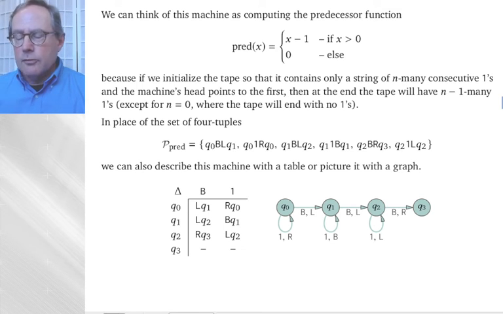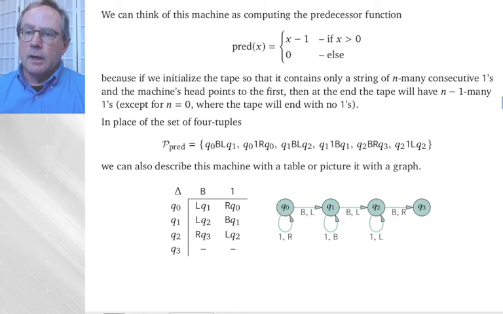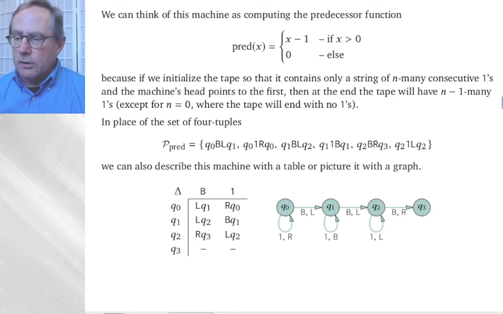So when we describe these machines, a lot of times we don't use the set of 4 tuples just because it's a little hard to read, no more complicated than that. So instead of the set of 4 tuples, we might use either a table or a picture. Neither of them is especially hard, they're just easier on your eyes, that's all.